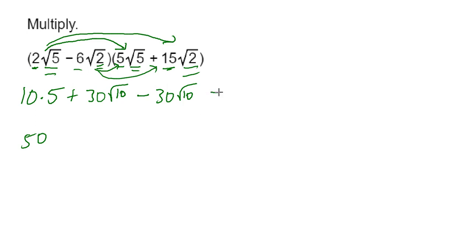Negative times a positive, again, will be negative. 6 times 15, multiply the numbers outside the radical together, we get 90 from that. And then square root of 2 times the square root of 2, since the radicals are the same, the square root just goes away and we get whatever number is inside the square root, which will just be a 2. And again, that'll multiply together to give me negative 180.